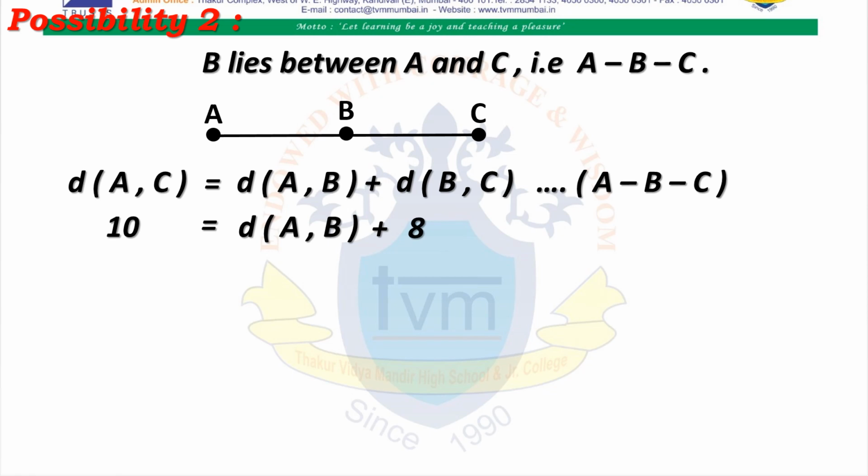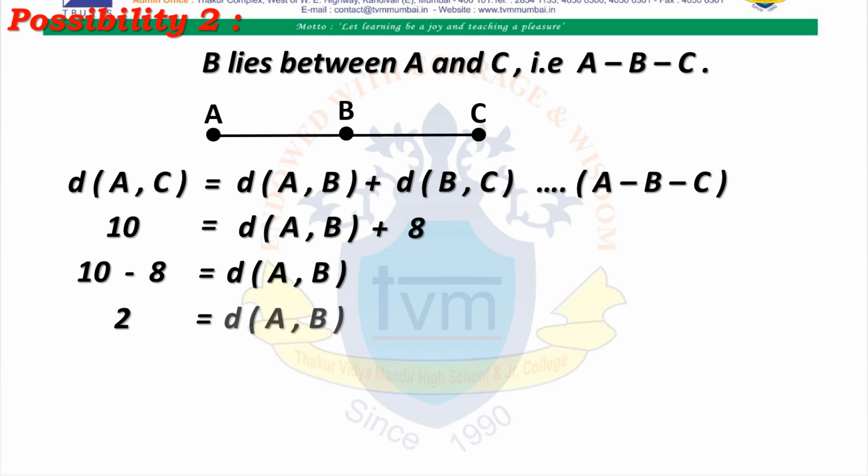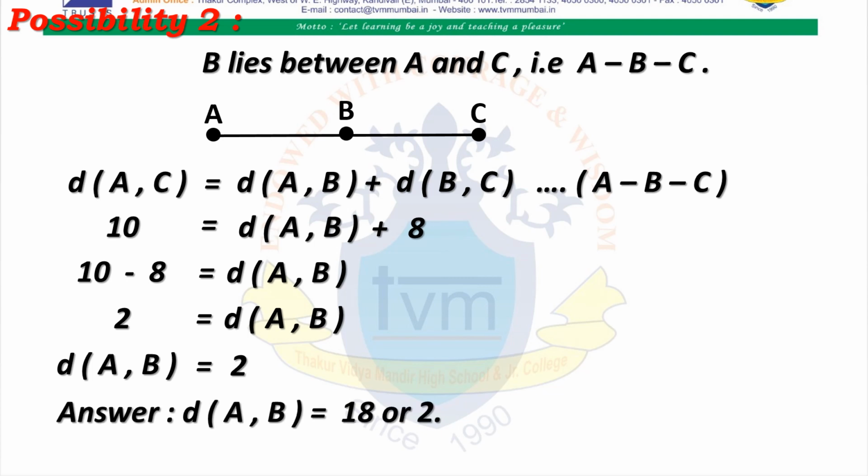Now we will shift plus 8 to the other side of the equal sign. If we shift plus 8 from the right-hand side to the left-hand side, the sign will change. So we will get 10 minus 8 equals distance AB. Therefore distance AB equals 2. Therefore distance AB equals 18 or 2.